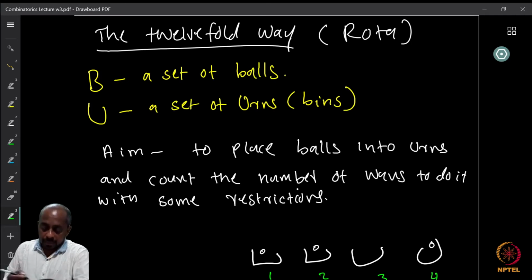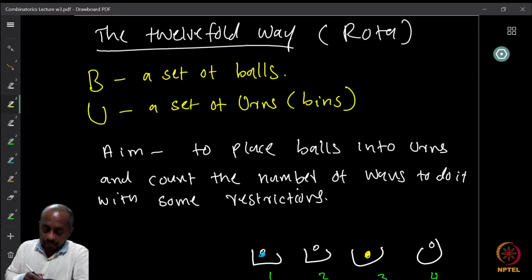Then you can say that my balls are also colored. They are not necessarily identical, so I will say that they are colored. Then if they are colored, how many different ways can I do it?